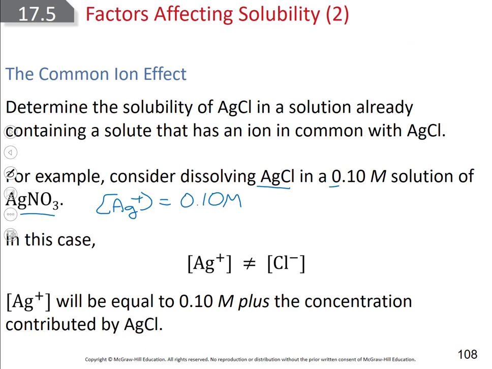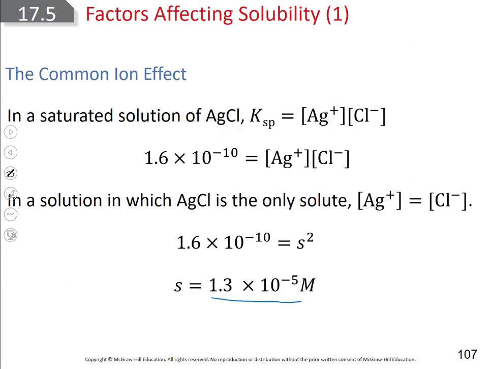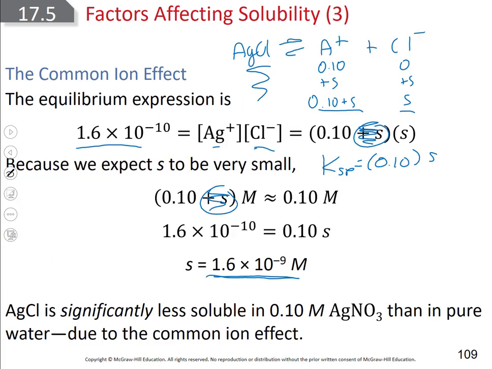Remember, S for pure water was 1.3 times 10 to the negative fifth. S in the silver nitrate solution is 1.6 times 10 to the negative 9. So did my solubility increase or decrease? Decreased quite a bit. So by trying to dissolve silver chloride in a solution that had a common ion, it significantly decreased the solubility.